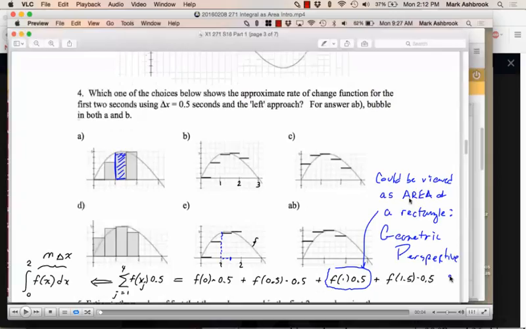So then all these four things summed together would be the sum of all this area. So that ends up being 0 area, and then we get the area of this one, and then we get the area of this one.